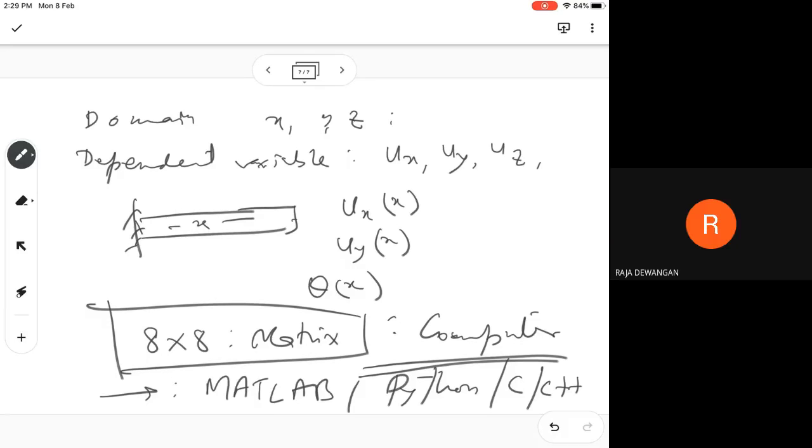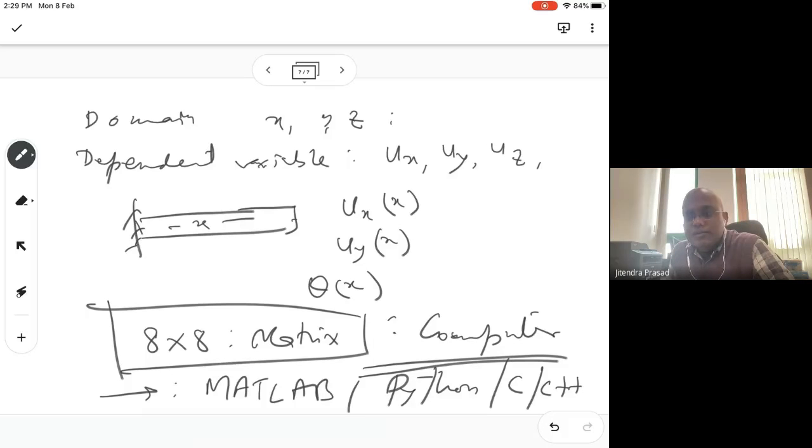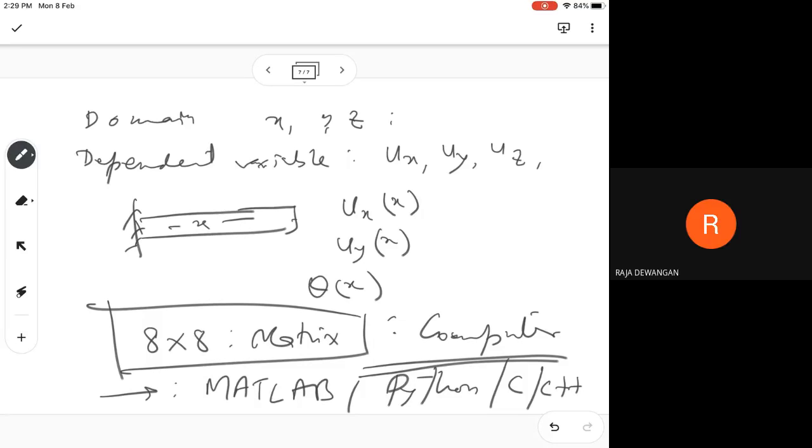But in place of inverting that, can we solve it in equation form? Yeah, you can do it. Yes, definitely we can solve it this way. Thank you, sir.